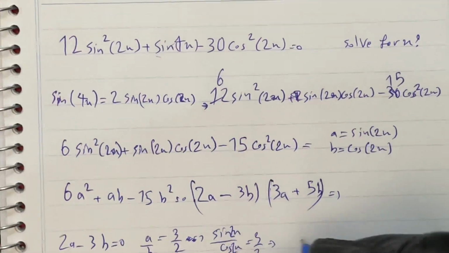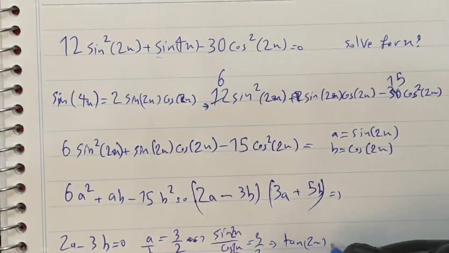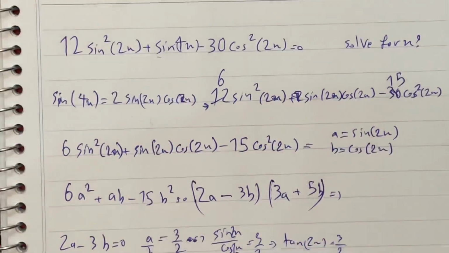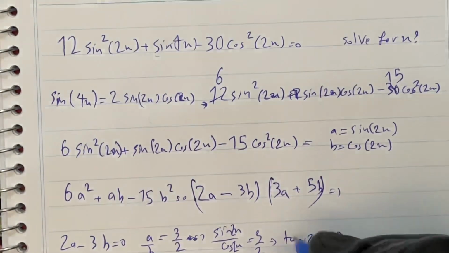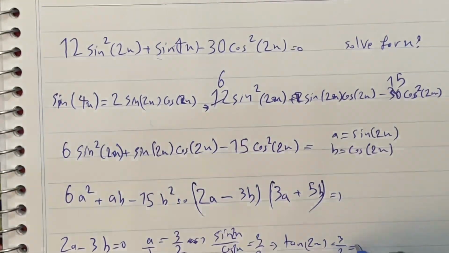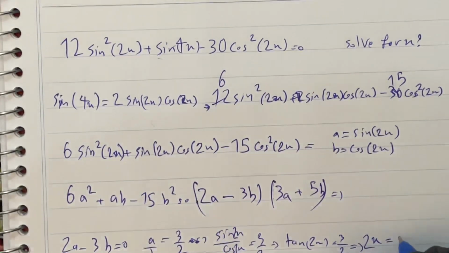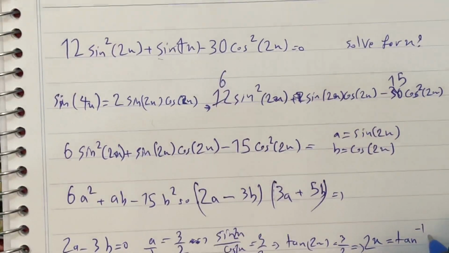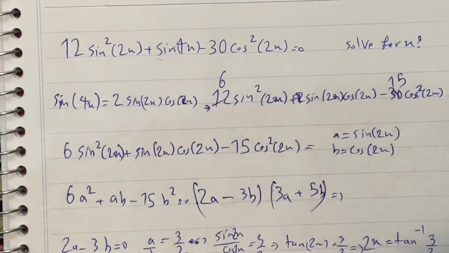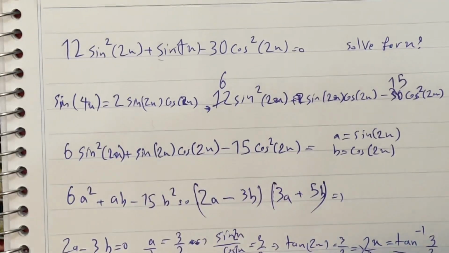Sine over cosine is tangent. It's tan of 2x equals 3 over 2. Now, to find the value of x, we need the arctangent, the inverse function of the tangent. Which means that 2x equals tangent inverse of 3 over 2. And if we bring this 2 under here, we have x.